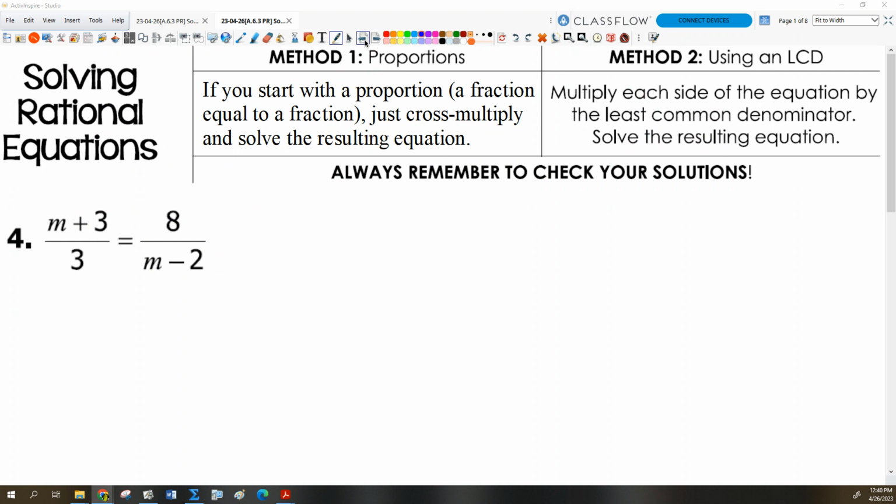Okay, so if you have a proportion, so what do we mean by that? Well, you guys know what cross multiplying means. I'm just going to find that cross product.